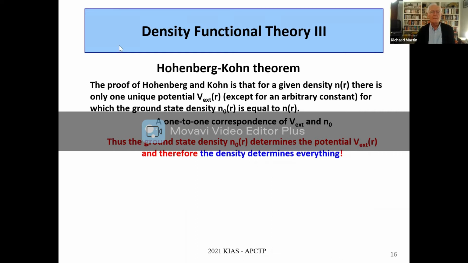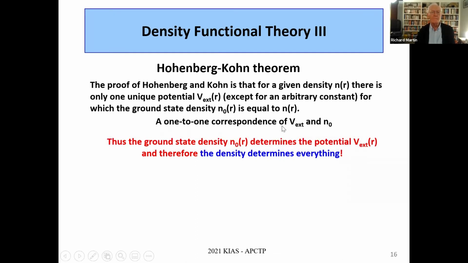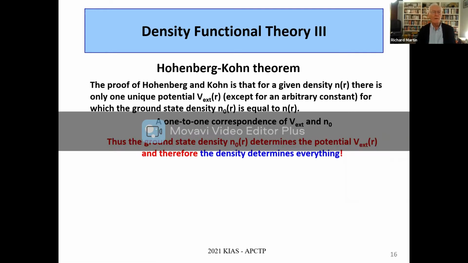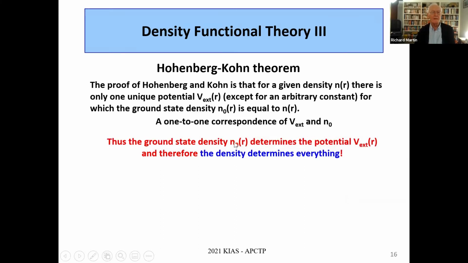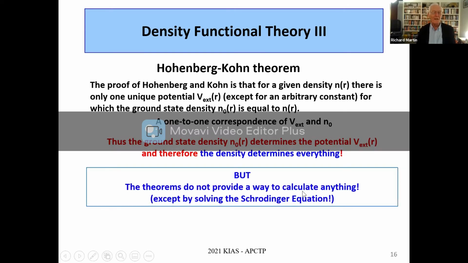The demonstration is that if you choose a density, there's only one unique potential, except for an arbitrary constant that doesn't matter, for which the ground state density of the system with that potential is equal to your chosen density. So this one-to-one correspondence means that the ground state density determines the potential, and of course the potential determines everything. But that doesn't get you anywhere.